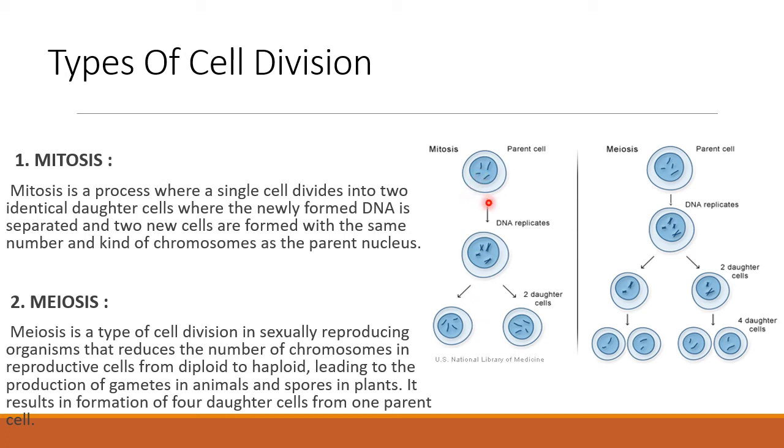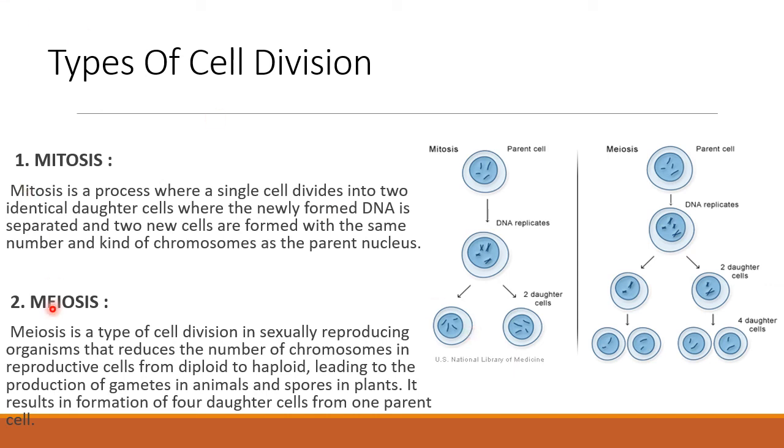So what happens? First the nucleus of the cell divides, and then the cytoplasm divides, that is called cytokinesis. How many daughter cells are formed? Two identical daughter cells are formed. And mitosis is also known as somatic cell division. What is the other name of mitosis? It is also called somatic cell division.